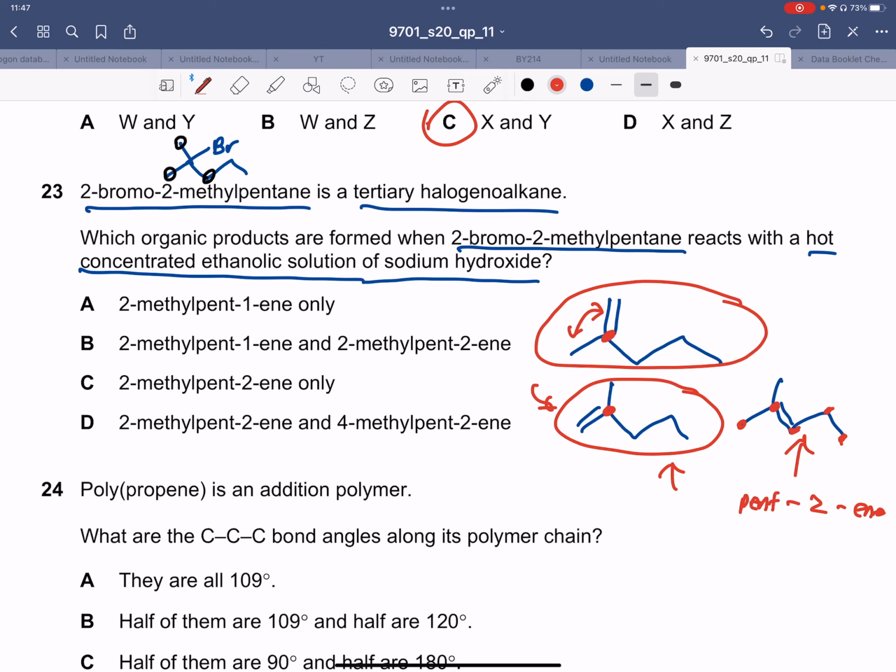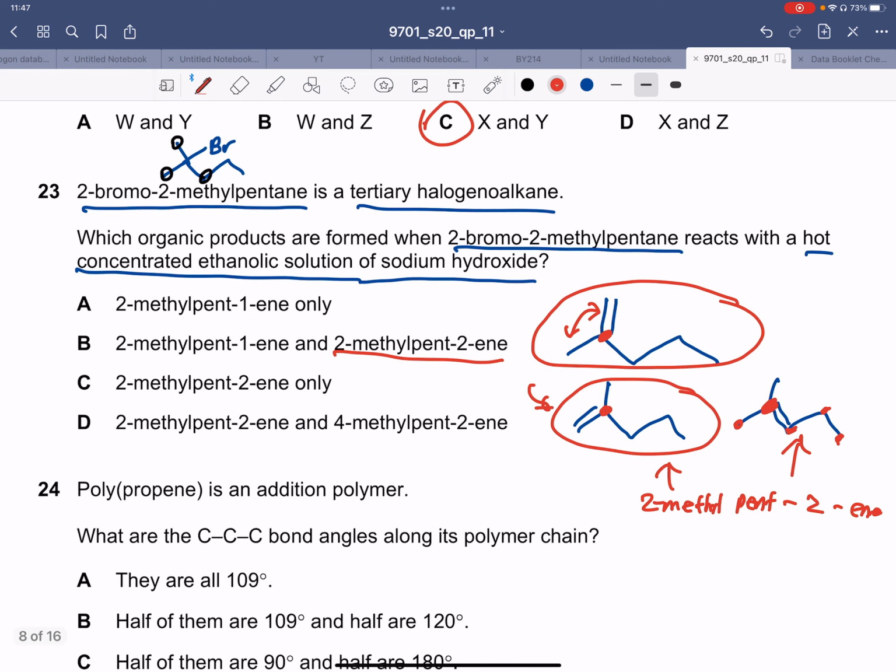And there's also a methyl on the second one right here. So it'll be 2-methylpent-2-ene, which is this right here. And then this one right here will be, let's see. First of all, you have your alkene on the 1. So it'll be a pent-1-ene.